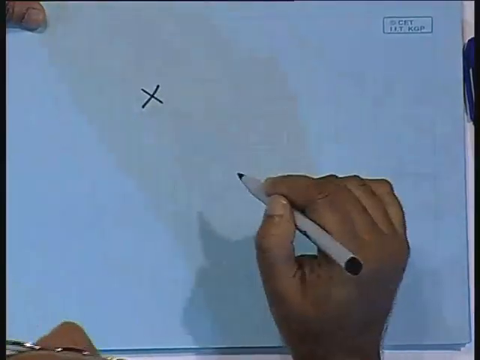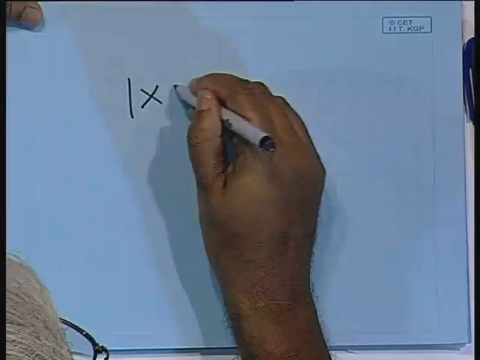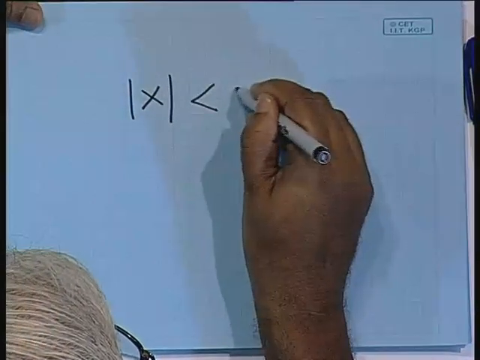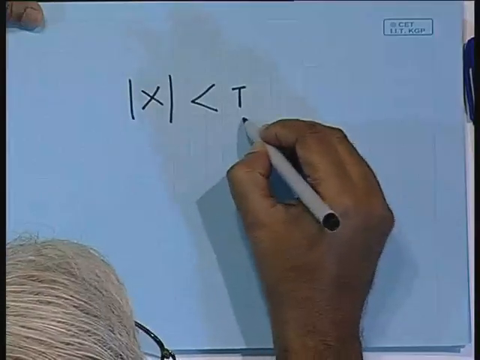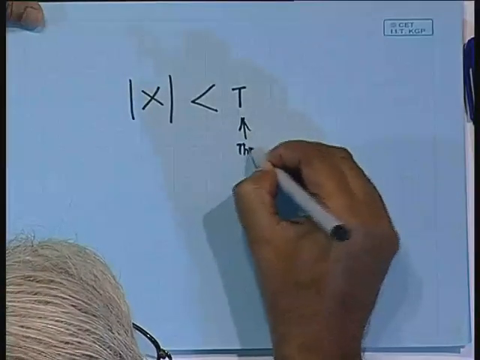That is why it is good practice to compare the magnitude, ignoring the sign. So, if I have a coefficient value, let us say capital X, what we do is compare this value of X with a quantity T, where T is the threshold.